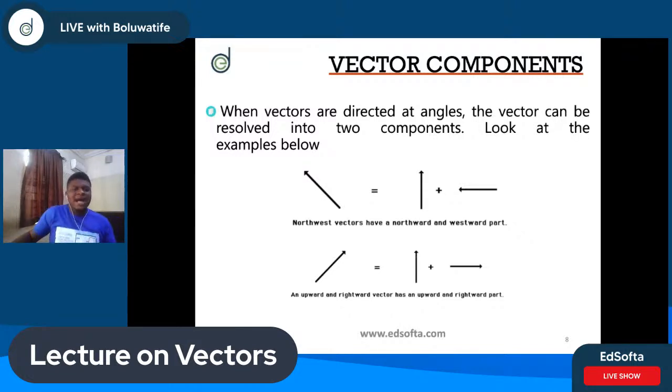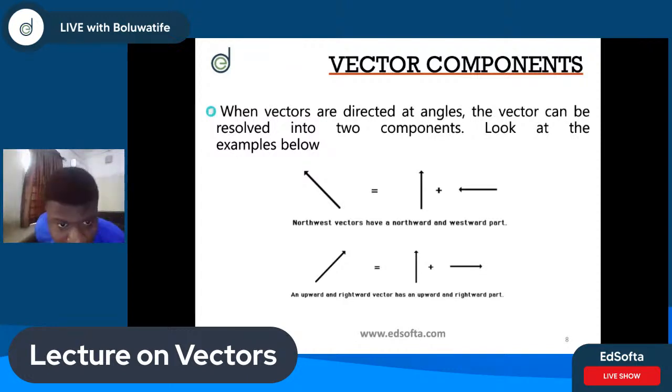As you can see in this example, the northwest vector, pointing this way, has been resolved into the northward vector and the westward part, as you can see from the diagram.